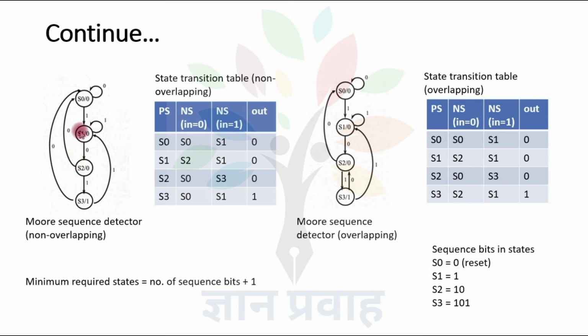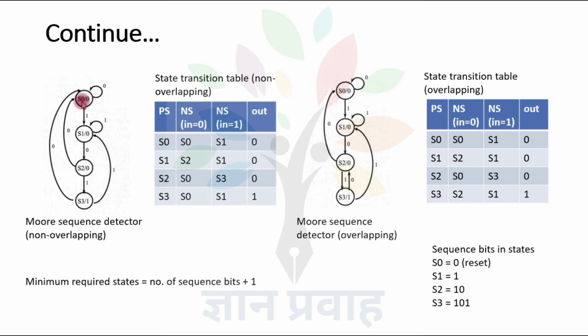So we can convert this state diagram into a state table using present state, next state and output. We are mentioning 4 states here: S0, S1, S2, S3. And there are two possibilities of input signal, 0 and 1. So the next state will be decided depending on the input values.